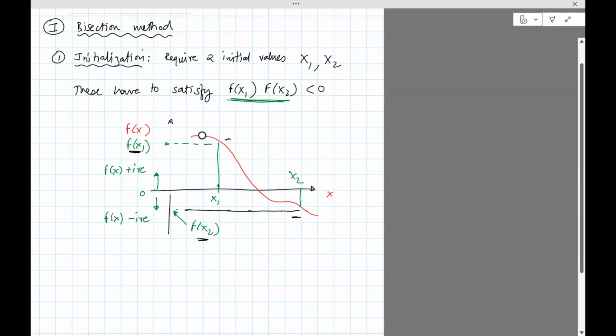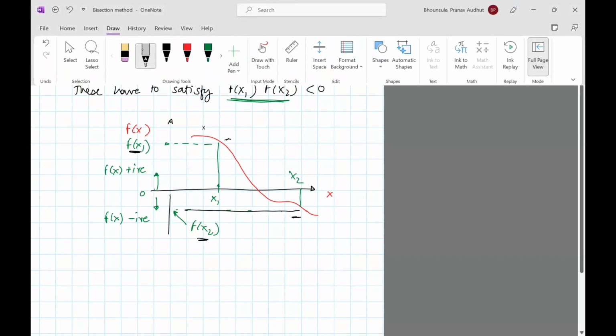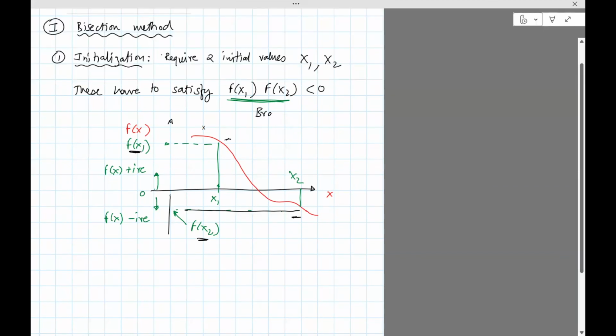Now you know that at some point it's going to cross the x-axis, because on one side f of x is positive and on the other side it's negative. The root better lie in between. That's called bracketing the root.